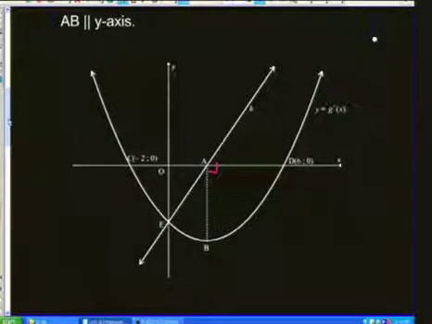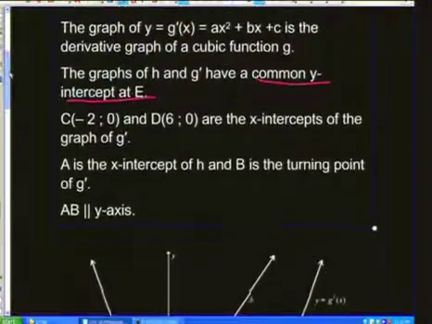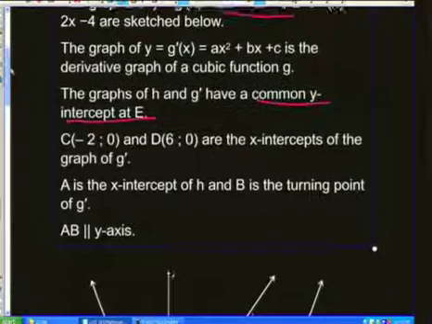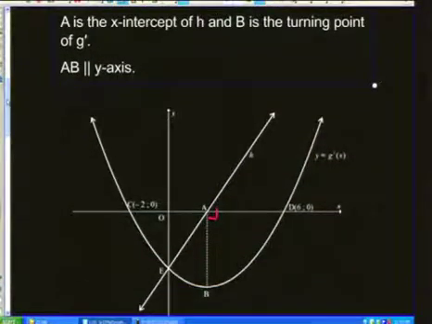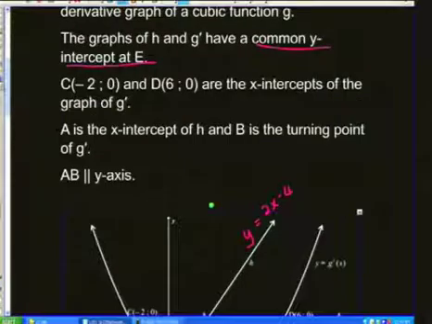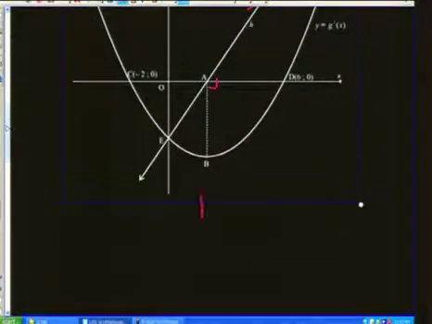Okay, so if they share a y-intercept, finding that y-intercept will be no problem, because I do have the equation of the straight line, which I'm just digging out here. I think it's y equals 2x minus 4. So I'm just going to write it on here. y equals 2x minus 4. So we would find the y-intercept of that graph by letting x equal 0.